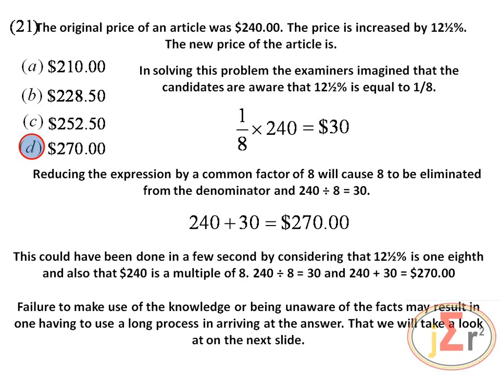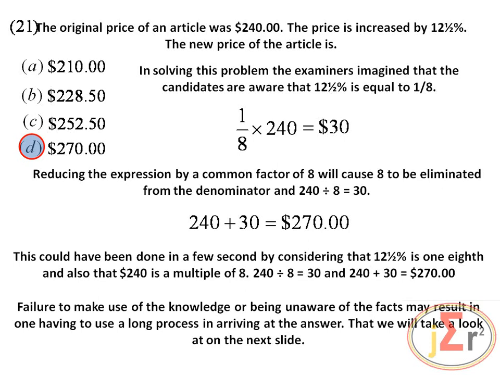Failure to make use of the knowledge or being unaware of the facts may result in one having to use a long process in arriving at the answer. That we will take a look at on the next slide.